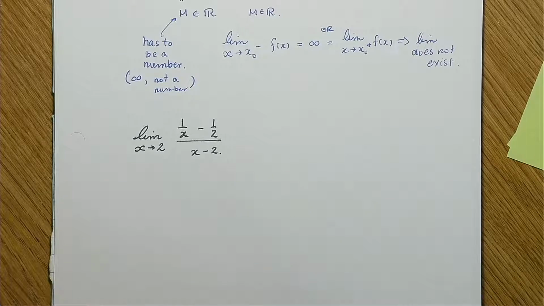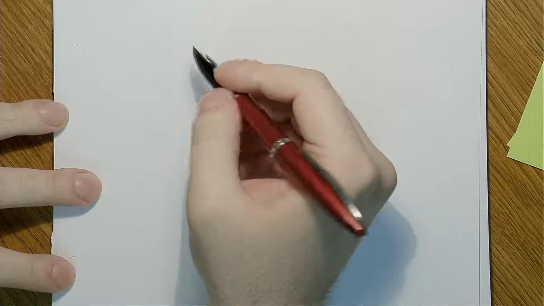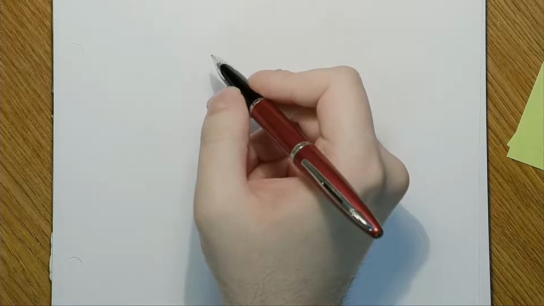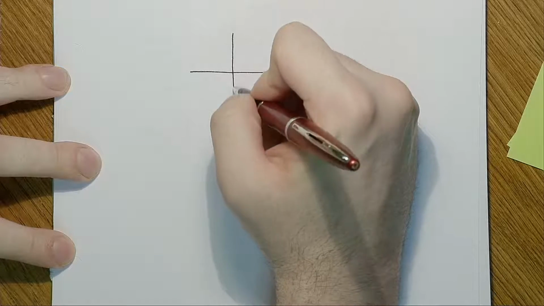So that question is, here we go. You'll see it go up and down depending. If the power is even, all of it will go up, and if it's odd, then it will flip.